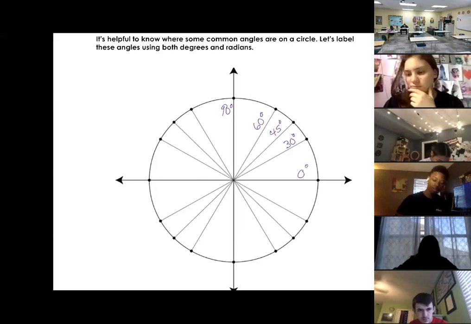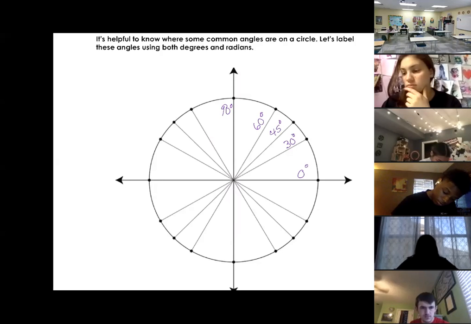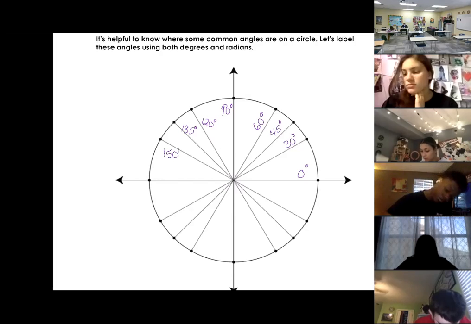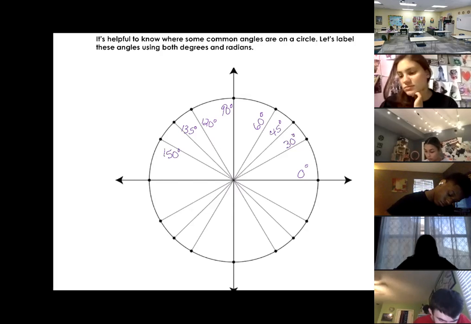And then this would be 120, sorry, 135 degrees and 150 degrees.